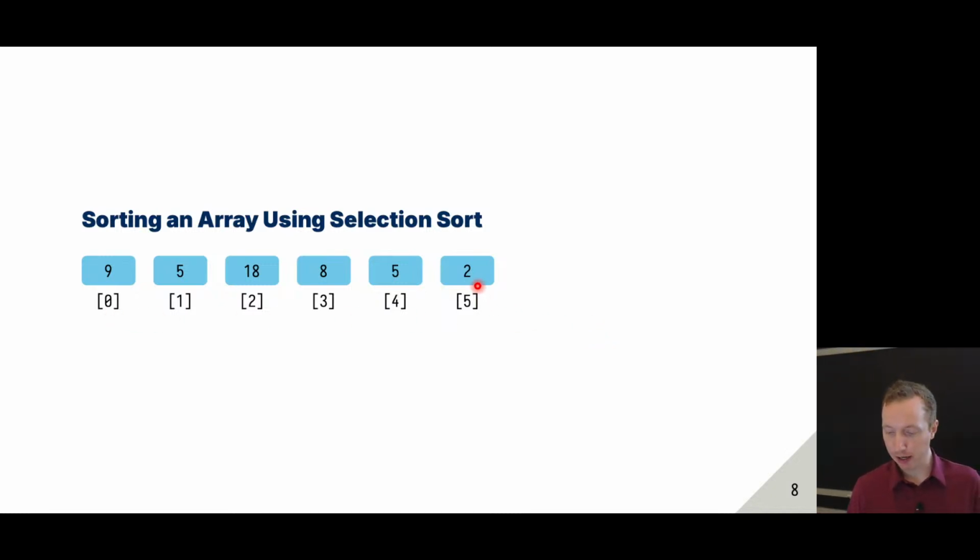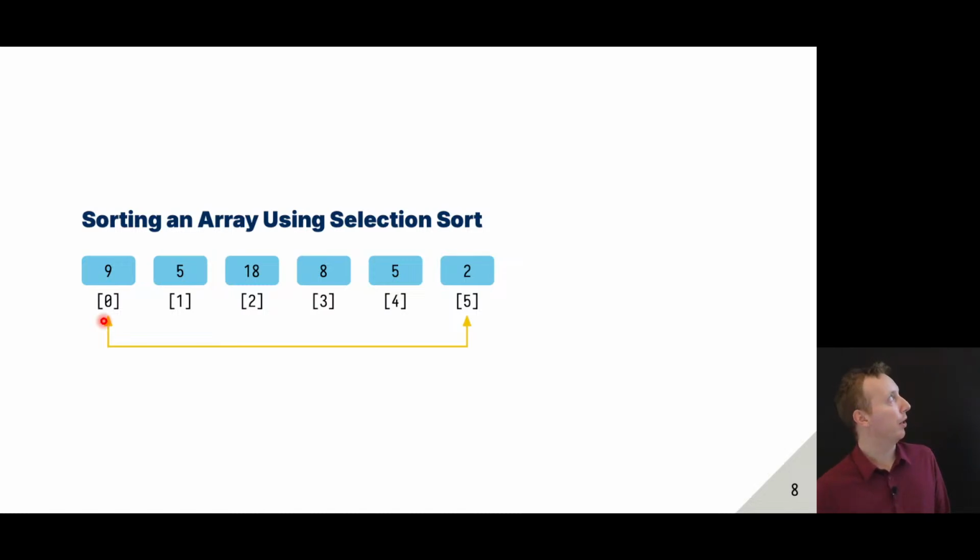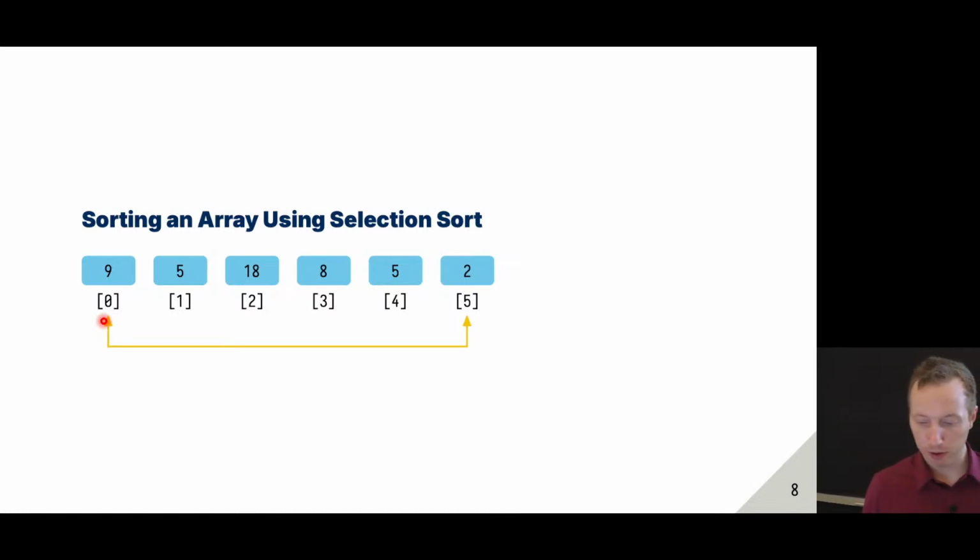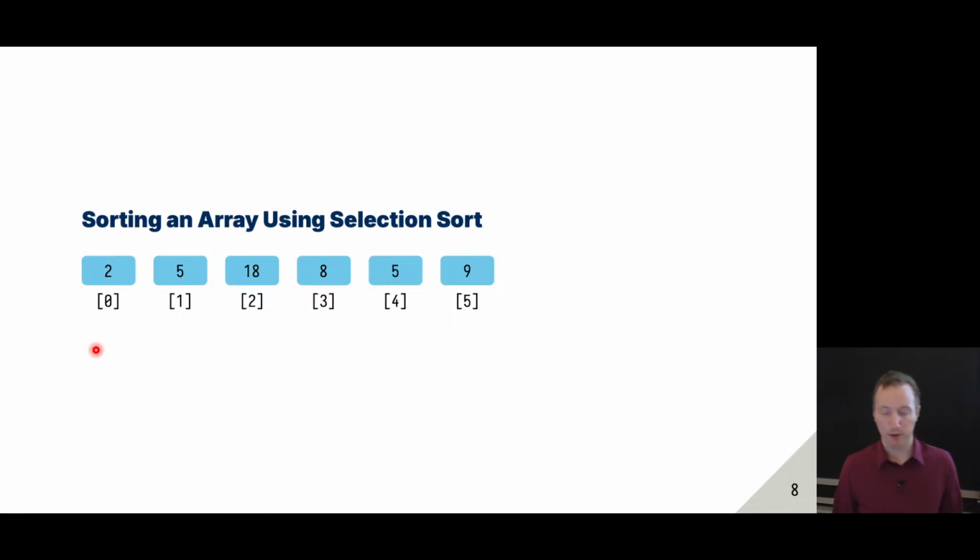And then I can compare the smallest element and see if it's already in index 0. So index 0 is the first one. I can just say, okay, the smallest number, are you at index 0? Oh, no, you're not. Well, I should probably swap you there. So now 2 is at the smallest index. I don't have to worry about where 2 is. I don't have to look at it anymore.